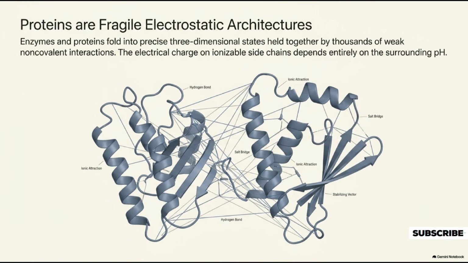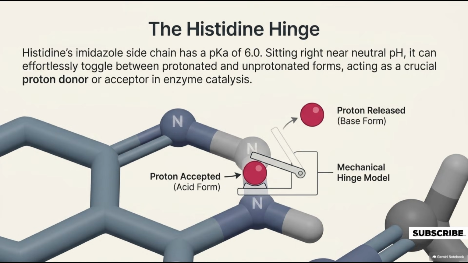Many amino acids have ionizable side chains, such as the basic side chains of lysine, arginine, and histidine, or the acidic side chains of aspartate and glutamate. The electrical charge carried by these ionizable side chains is entirely determined by the pH of the surrounding medium.